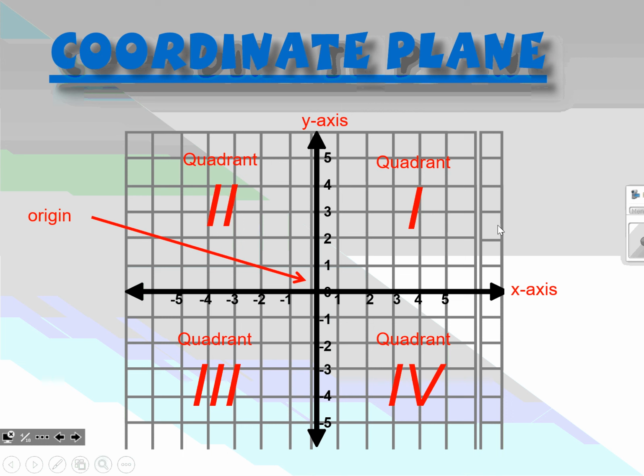Starting with the top right-hand corner with 1, then to the left is 2, bottom left 3, and bottom right 4. You don't have to write the word quadrant. Just write the Roman numeral. Pause if you need to, to get all these parts of a coordinate plane. You need to know this, and you'll be tested upon it.